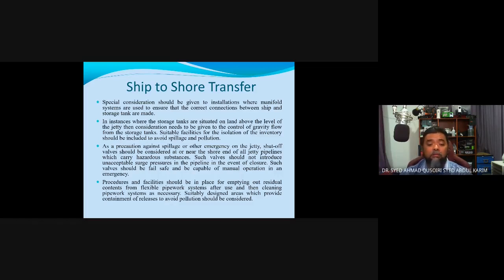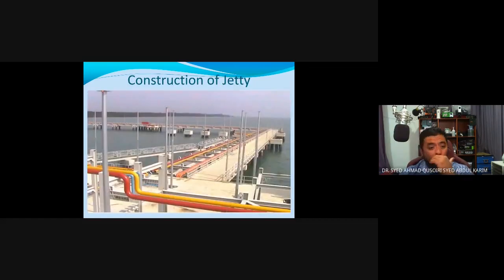It needs to be shut down in stages, slowly. So procedures and facilities should be in place for emptying out residual content from the pipework itself. So this is to clean up the pipework. So this is an example of pipework.